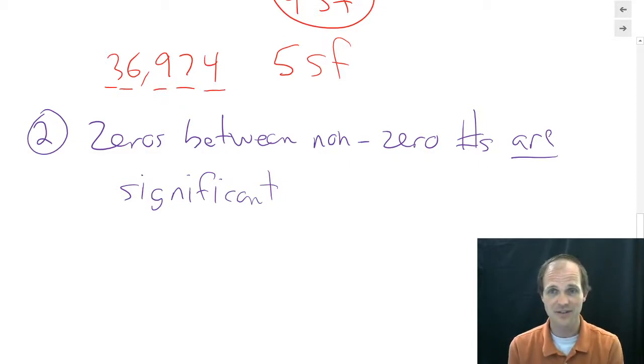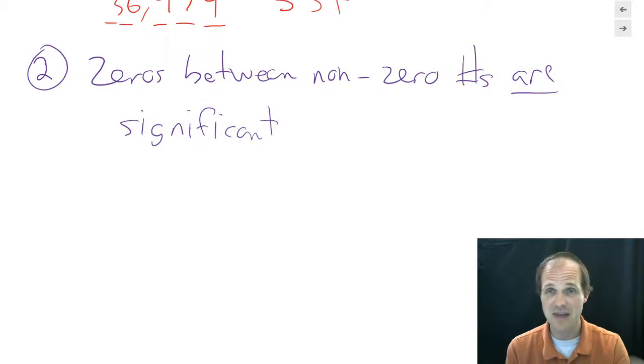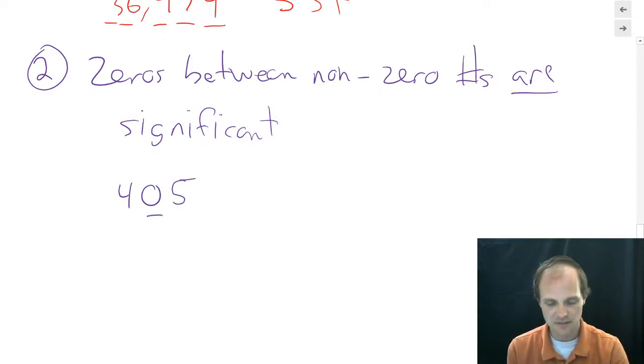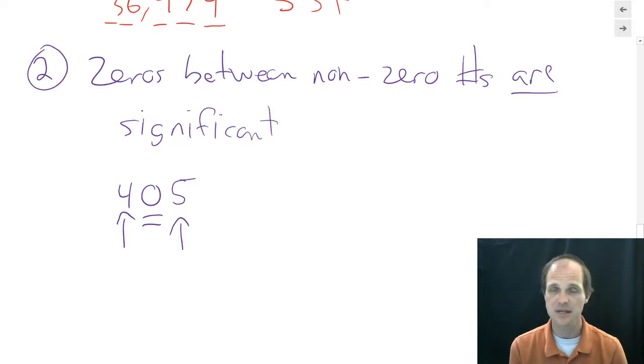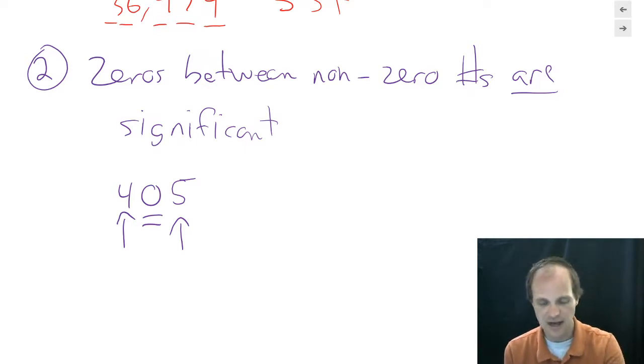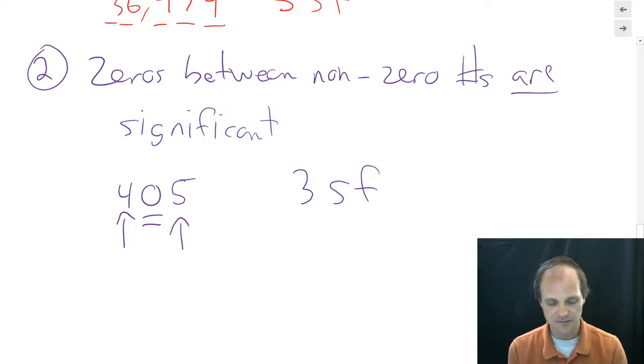And we need a way of telling somebody that 0 is actually measured as opposed to just there for scale. So if I have a number like 405, this 0 in the middle between 2 non-zero numbers is considered significant. And what I'm telling someone is, I know it's a 4, I know it's a 0, and I know it's a 5. So this guy has 3 significant figures.